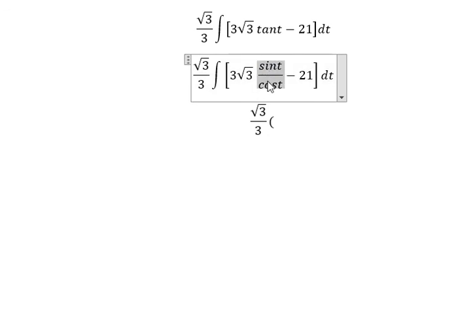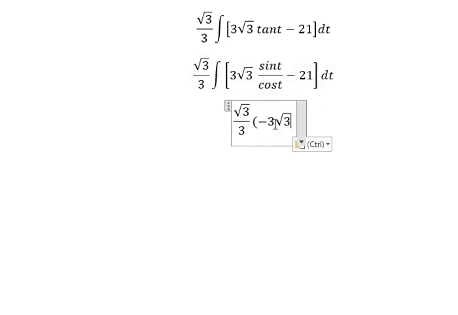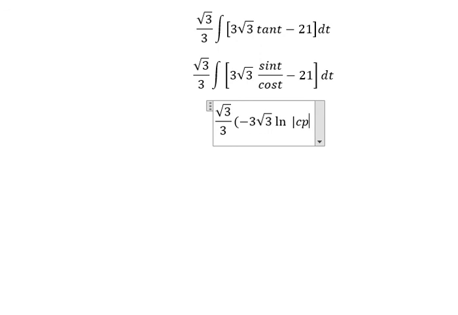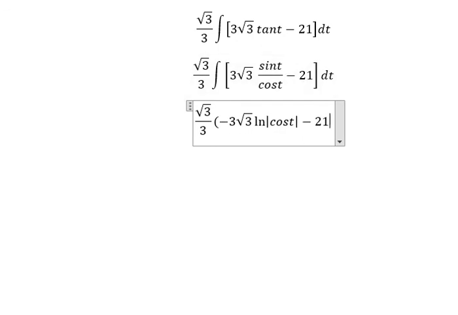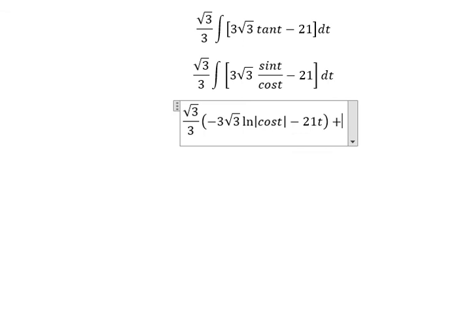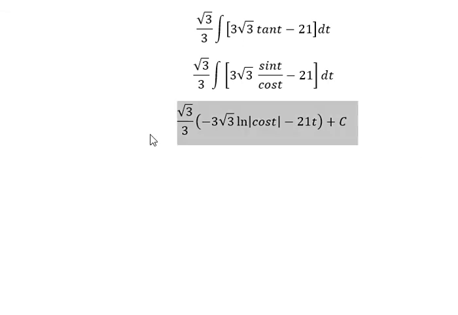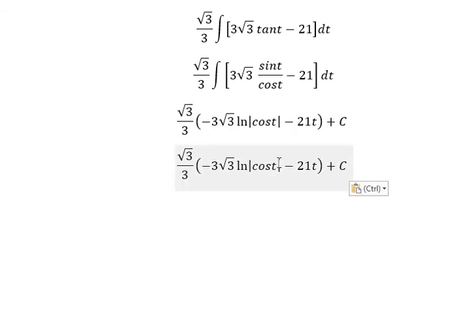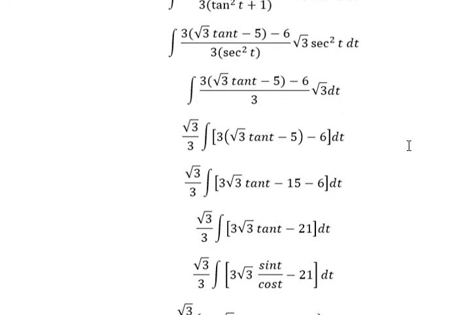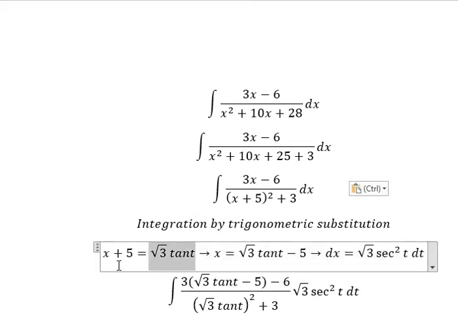The integration of this one, we have negative ln of the absolute value of cosine t. Next one we have t, and I will put c. About t, that is this one.